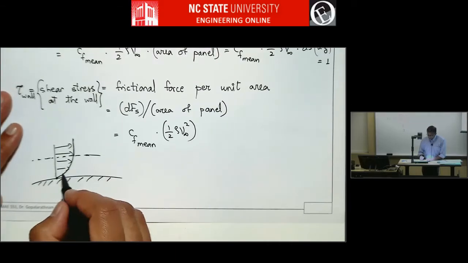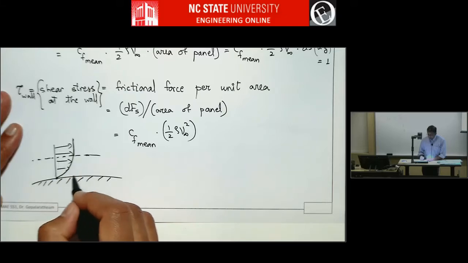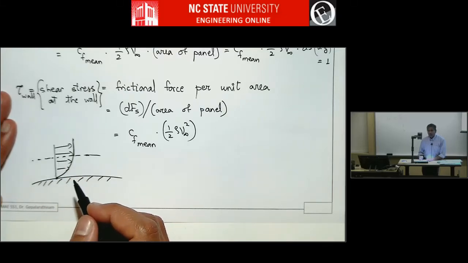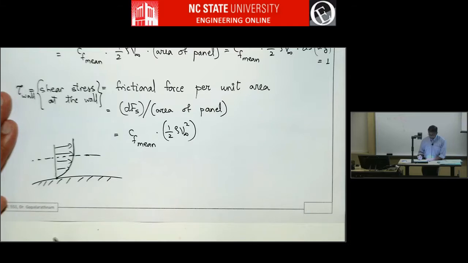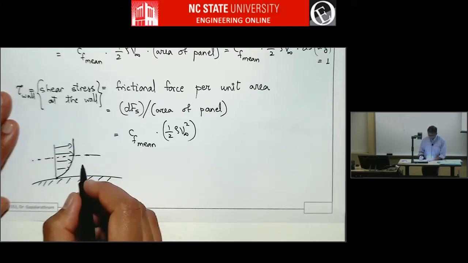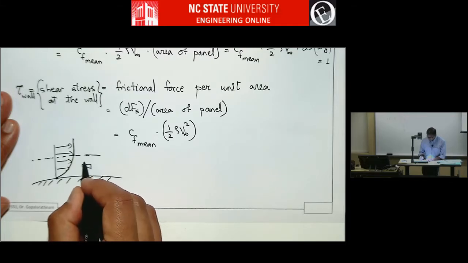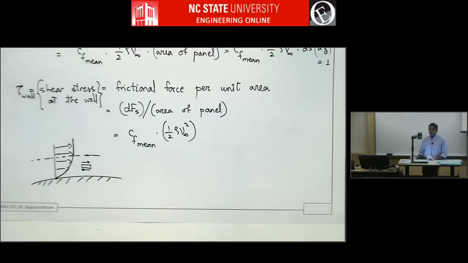So even though this boundary layer is very thin, the velocity gradient in the normal direction causes shear stress, and that's why there is shear stress here. If you take a little fluid particle like this, there will be force acting this way on the top and this way in the bottom, causing shear.